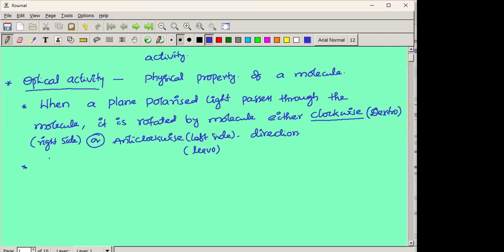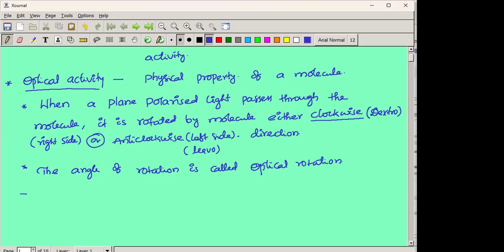The angle of rotation is called optical rotation.